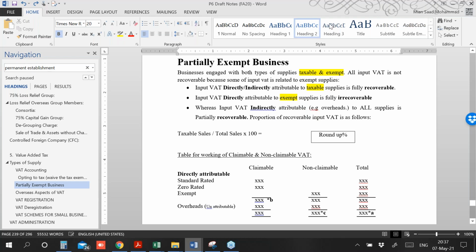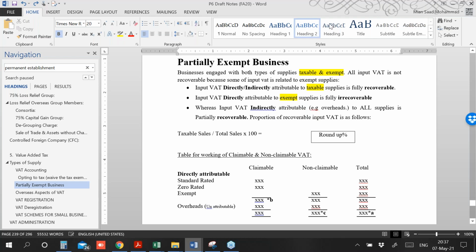Now, obviously, if he is using the same building or the same office or the same area, he will be unsure exactly how much overhead he is incurring on the taxable sales or on the exempt sales. However, he can have a rough idea. For example, he can check how much of his turnover comes from taxable sales and how much from exempt sales.